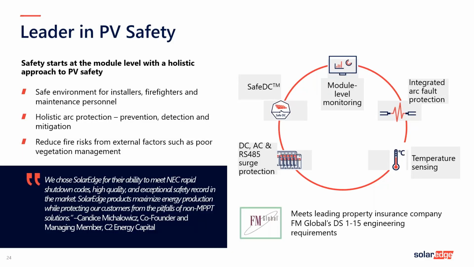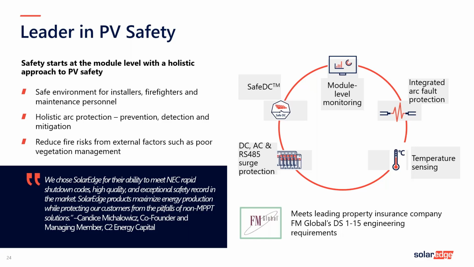To talk more about PV safety, we are the leaders in PV safety, and one of our features, which we call the Safe DC feature, is basically when the inverter shuts off, all our optimizers go down to a safe voltage of 1 volt. So it provides additional safety to your O&M people while they know that there's no risk of high voltages at the array level.